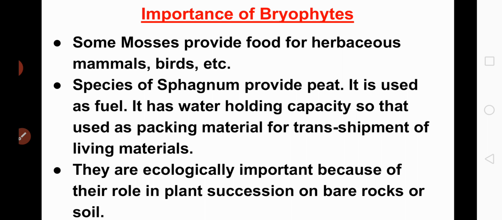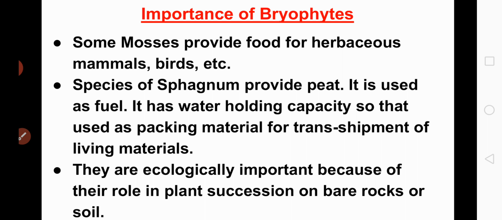That means peat moss is used in long distance transport of fruits and vegetables, which prevents moisture loss and decay.